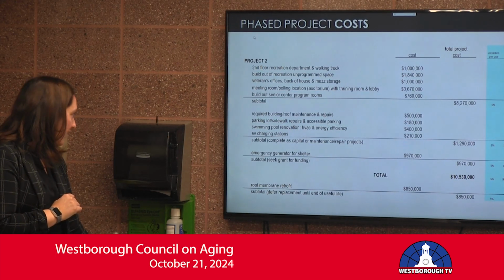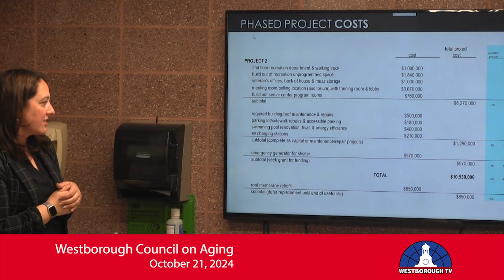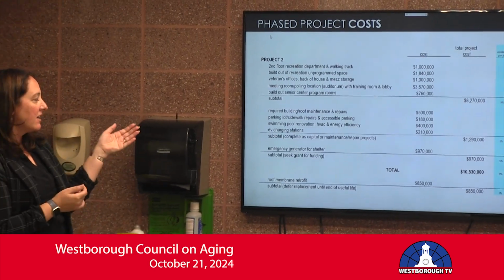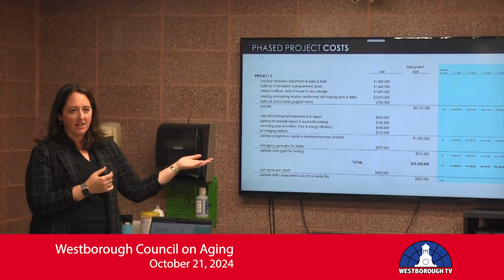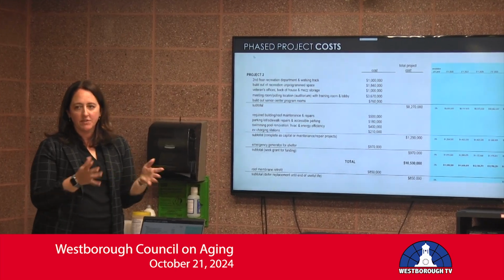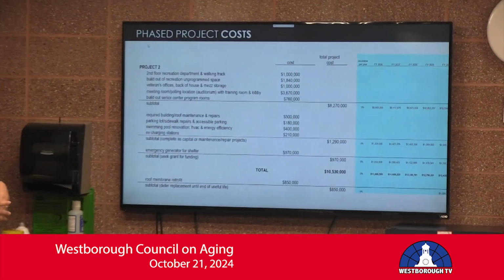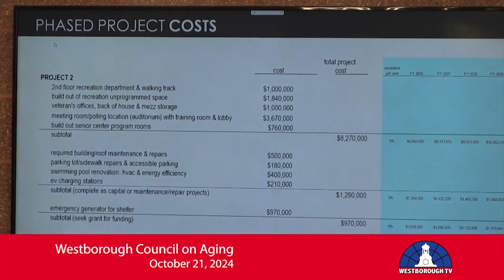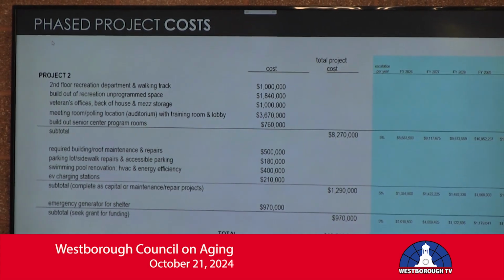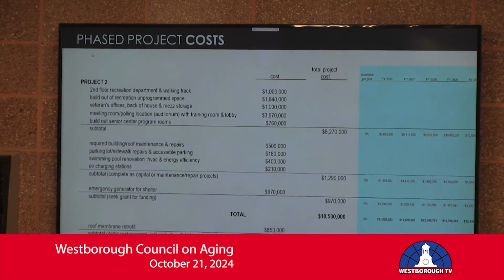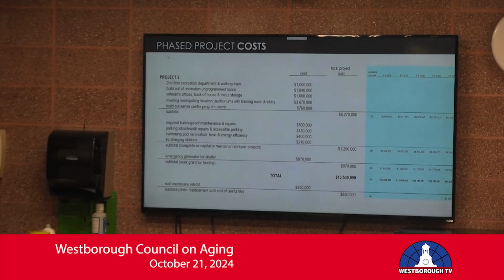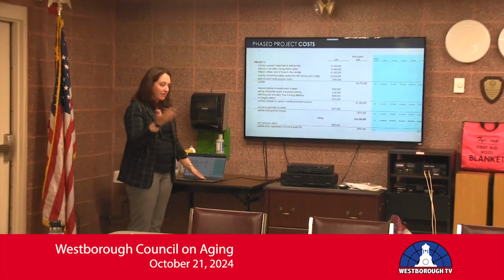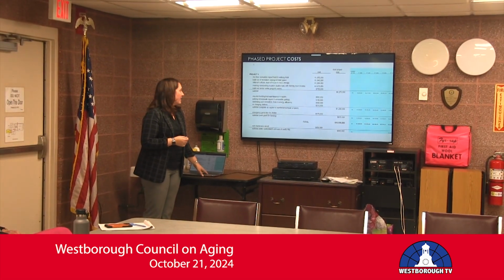This slide was created just to show that right now our architects and OPMs are estimating a 5% escalation rate per year just for deferring any of these projects. That's just a point to know. I think that the select board has approached this as a phased project. It's just something for us to know, but it would add cost to wait. But I think we know that. We've seen that before.